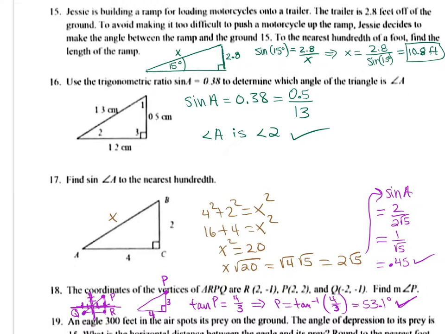I discovered that if I take 0.5 and divide it by 13, that is equivalent to 0.38. So 0.5 would have to be the opposite, and 13 would have to be the hypotenuse. Then 0.5 is the opposite of only angle 2. So that would mean angle 2 would have to be angle A.